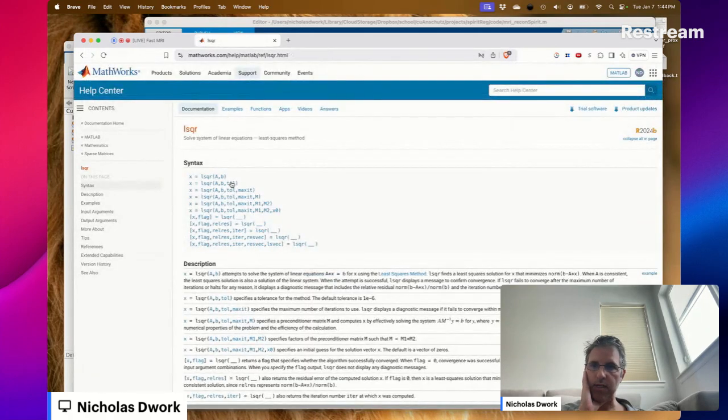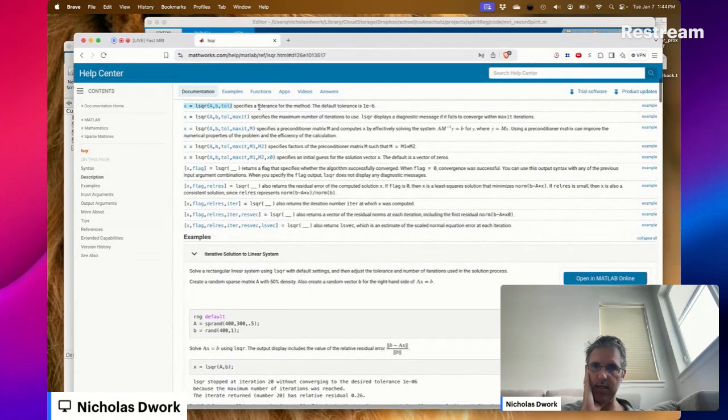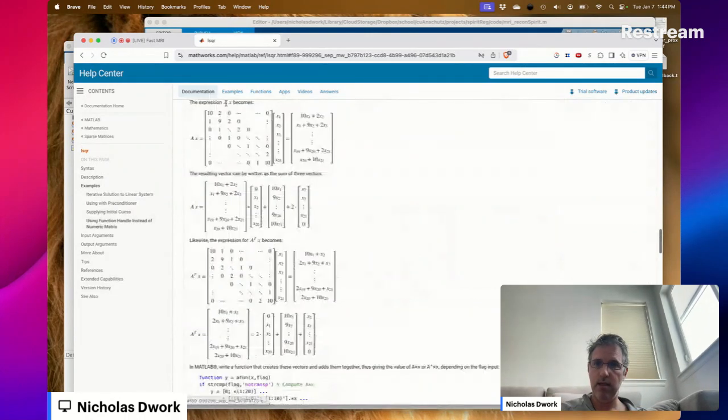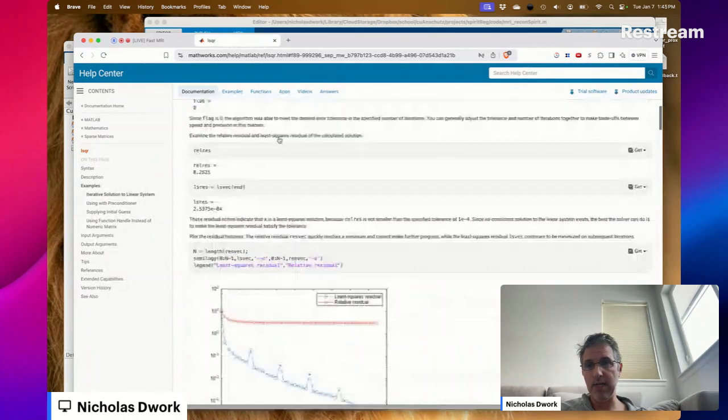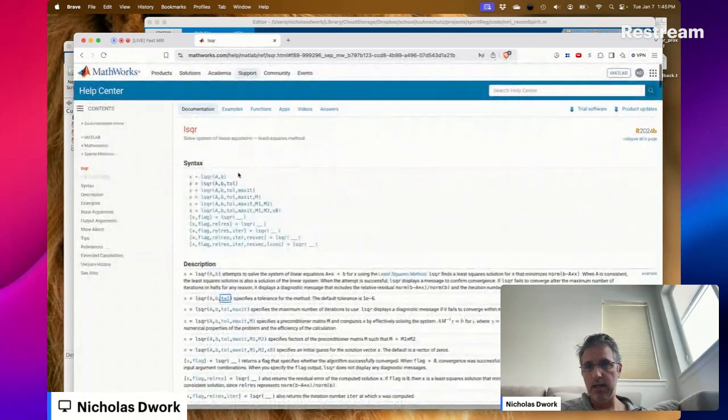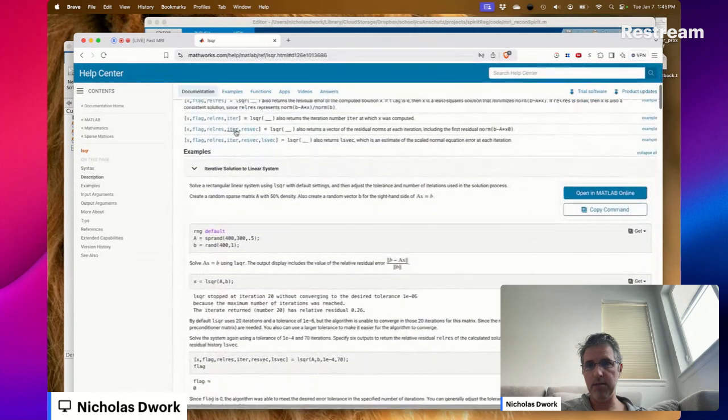So what I want to know is what the default tolerance is. The default tolerance is 1 times 10 to the negative 6. I'm guessing the tolerance is on the relative residual. Does MATLAB define the relative residual?